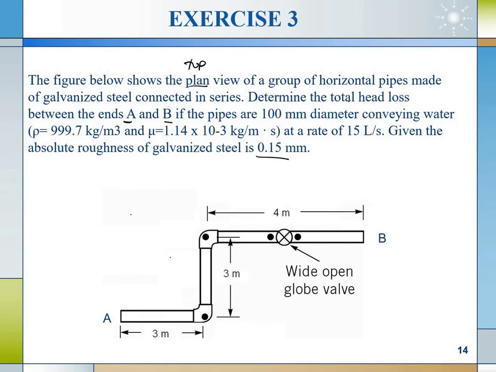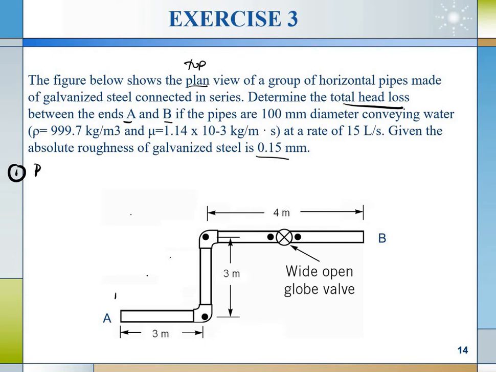So we need to know the total heat loss. For the total heat loss, it is a combination of the major losses and also minor losses. Okay, first thing first, we need to derive the Bernoulli equation.